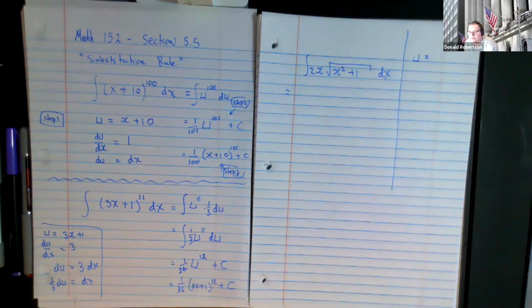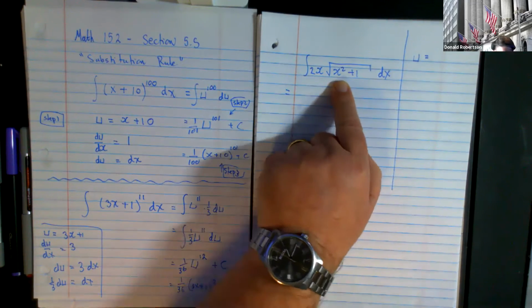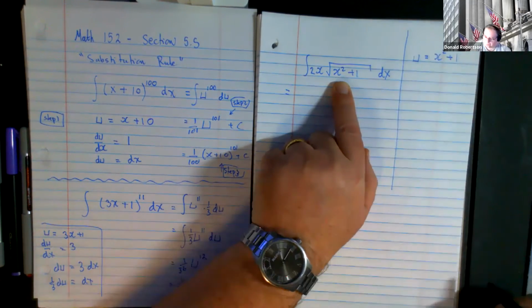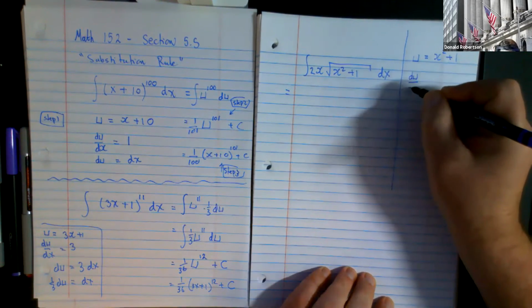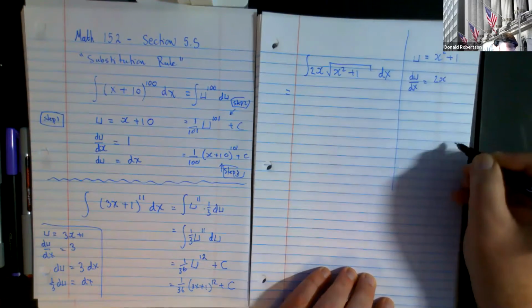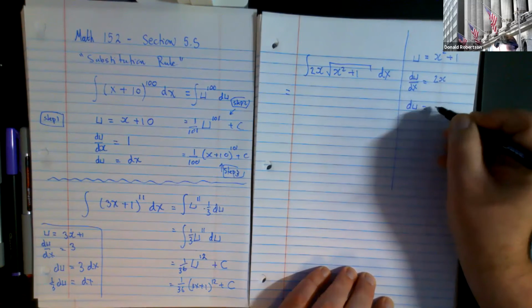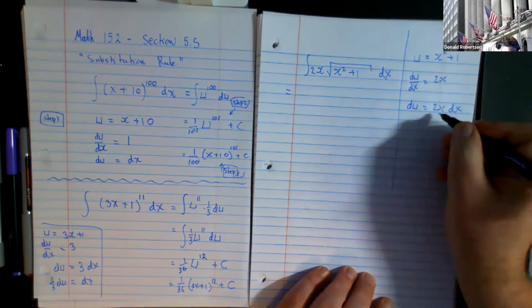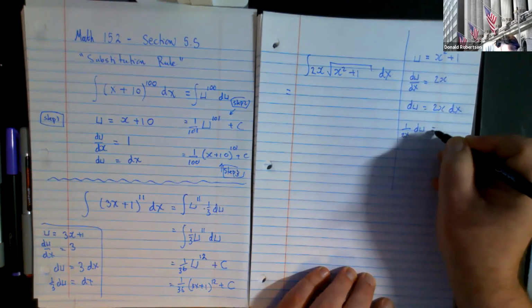And the u sub I'm going to choose here is whatever is inside the square root. So it's x squared plus 1. And when I differentiate this with respect to x, you get 2x. And when I do that crossover thing, du ends up being that guy. And then if I divide both sides by 2x, we isolate the dx.